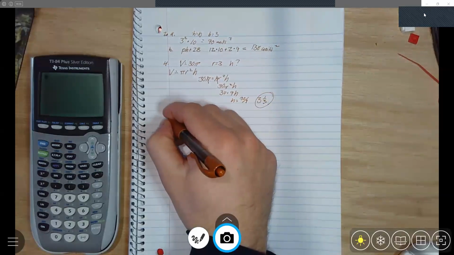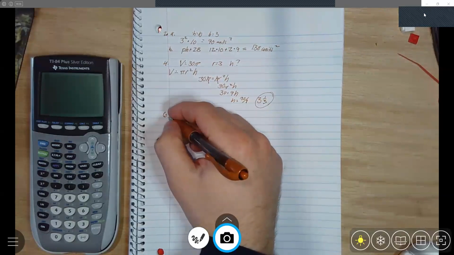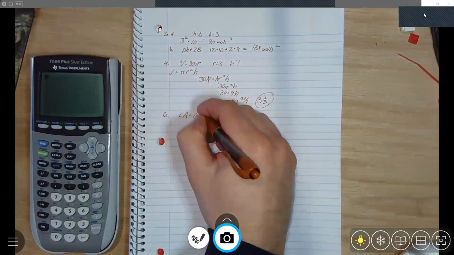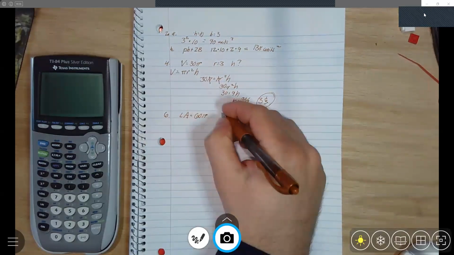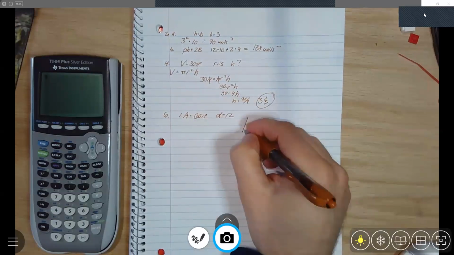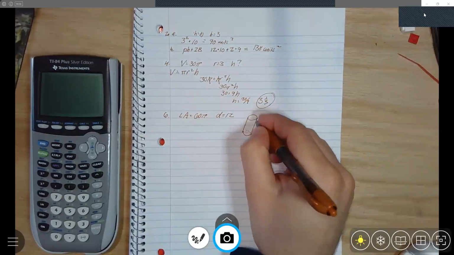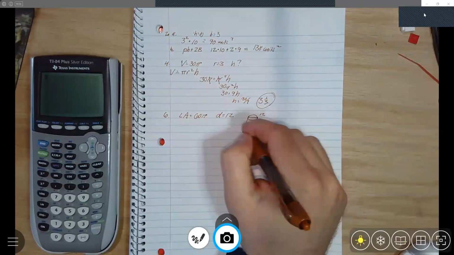Number 6, find the volume of a right cylinder whose lateral area is 60 pi. Again, we're looking at a cylinder and whose base has a diameter of 12. So you got a cylinder, diameter 12, lateral area 60 pi.